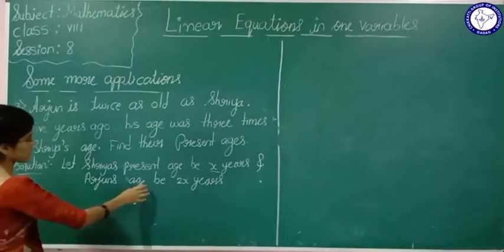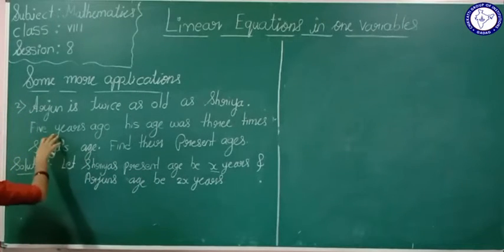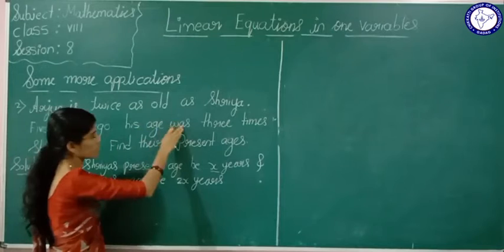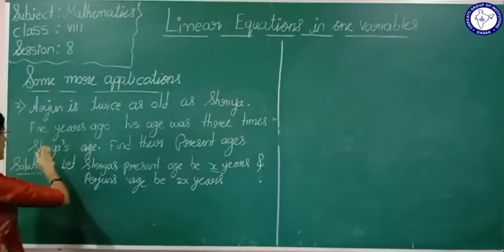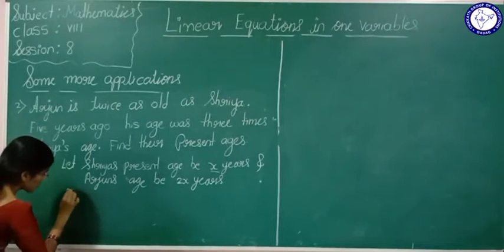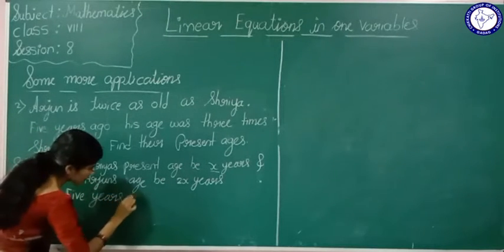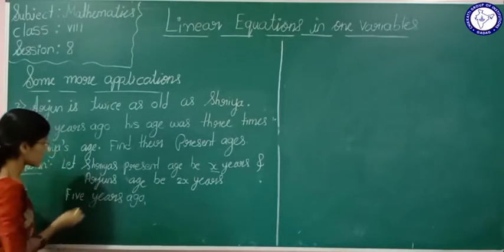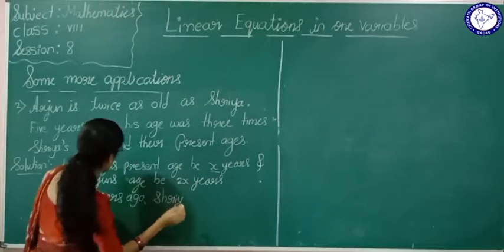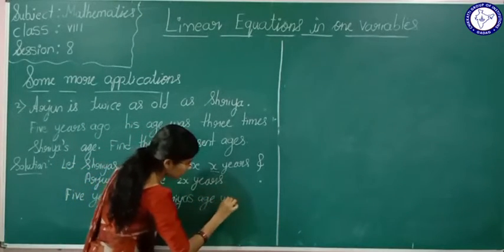Now say Arjun's age be 2x years. Okay. Now say again the given condition. 5 years ago his age was 3 times Shreya's age. See what we will write here. 5 years ago, Shreya's age will be what, student?